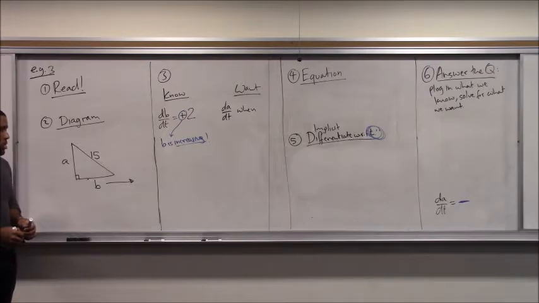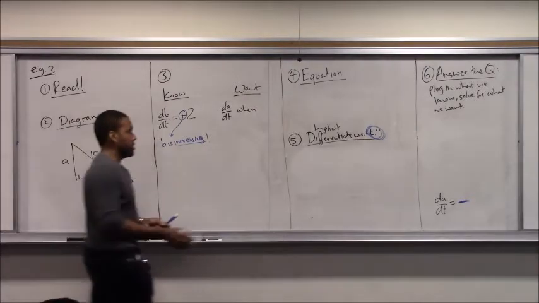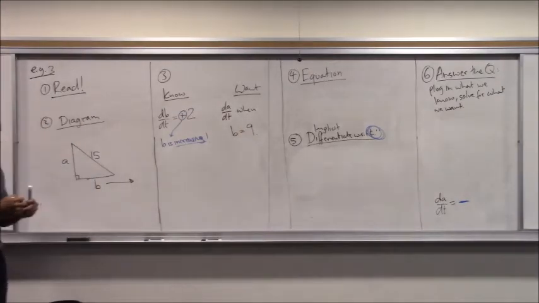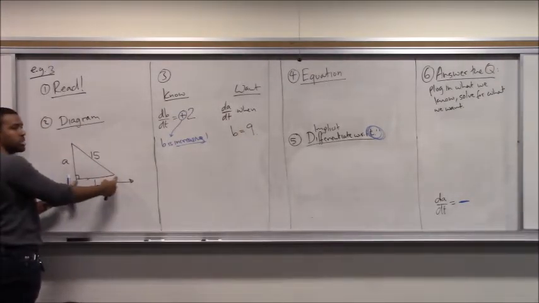I want to know where the foot of the ladder is 9 feet from the wall. B equals 9. B measures the distance the foot of the ladder is from the wall. Saying that the foot of the ladder is 9 feet from the wall is them telling me B equals 9.